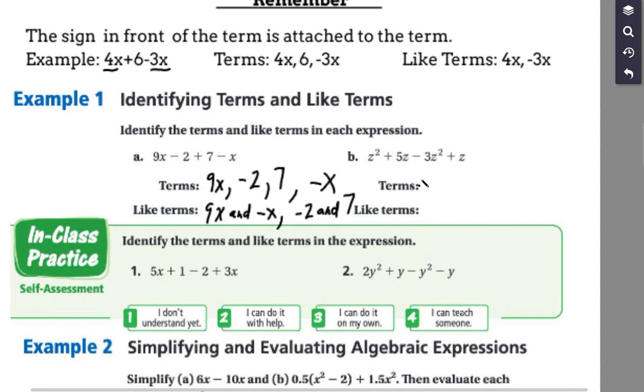Okay, so I want you to try letter B real quick, and then we'll go back and do that together. So you want to list the terms and then list the like terms.